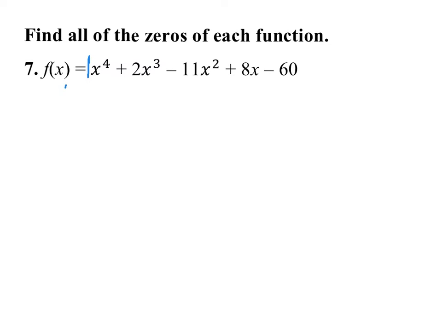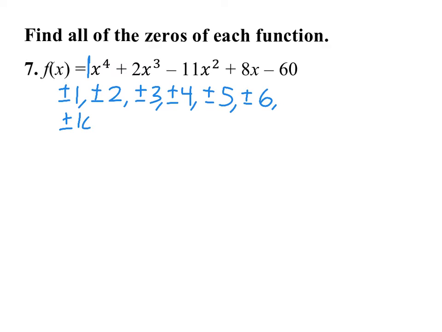So I'm going to go straight to the final list. 1 goes in, 2 goes in, 3 goes in, 4 goes in, 5 and 6 both go in. 7 does not go in, 8 does not go in, 9 doesn't go in, and we're just going backwards now. 6 times 10, 5 times 12, 4 times 15, 3 times 20, 2 times 30, and 1 times 60.